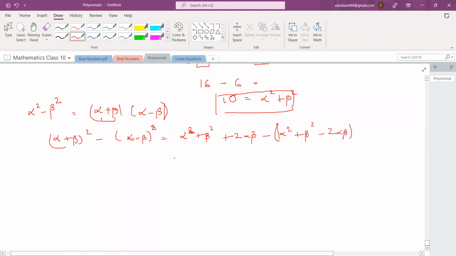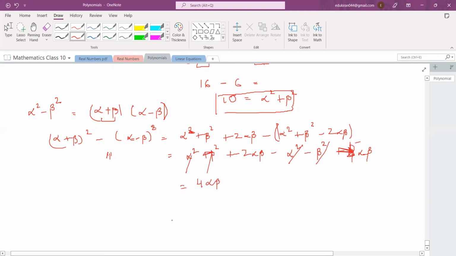Clear? Now open the bracket. So alpha square plus beta square plus 2 alpha beta minus alpha square minus beta square plus 2 alpha beta, which gives 4 alpha beta. Now this cancels out, so on the RHS you will be left with 4 alpha beta.